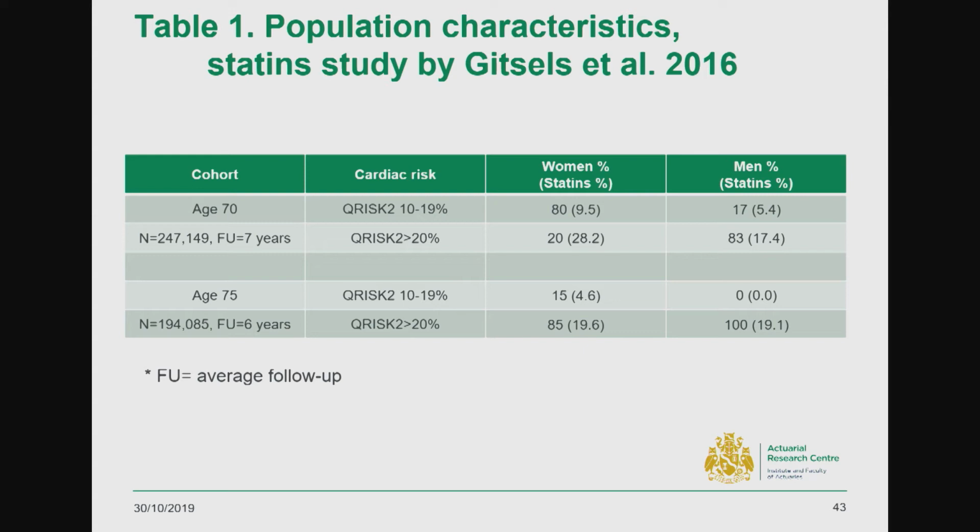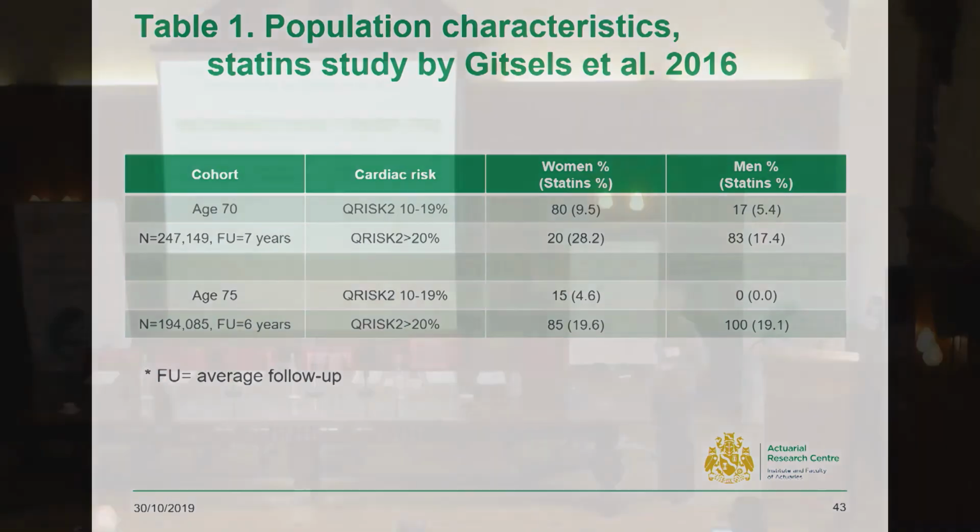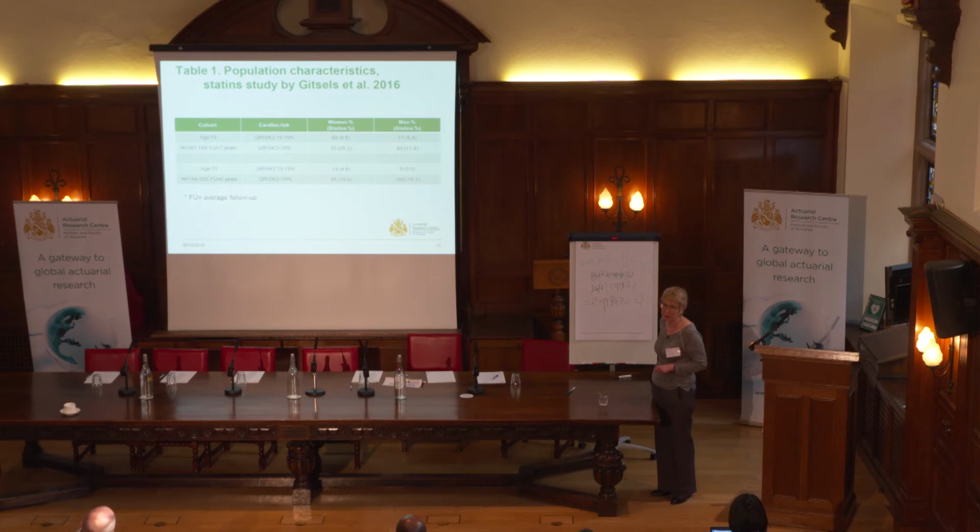And at age 75 as well, because at age 75, 15% of women were still in low risk group, while 85% were now in the moderate risk group. But for men at 75, there was just no one in the low risk group. They all were at moderate risk or higher.